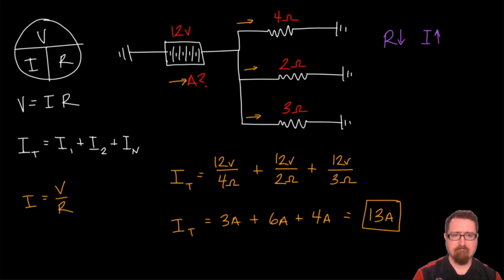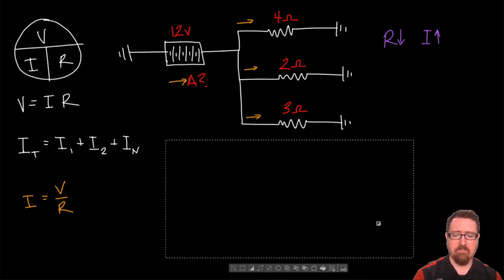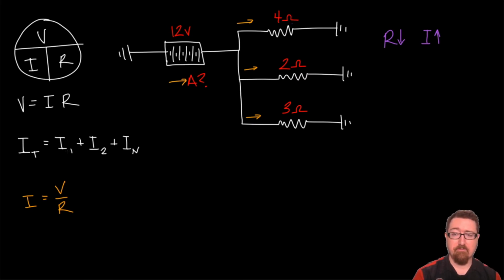Okay. Alright, let's do one more process here, but let's not calculate current. Let's calculate the resistance for one of our pieces here. Alright, let's go ahead and erase this.